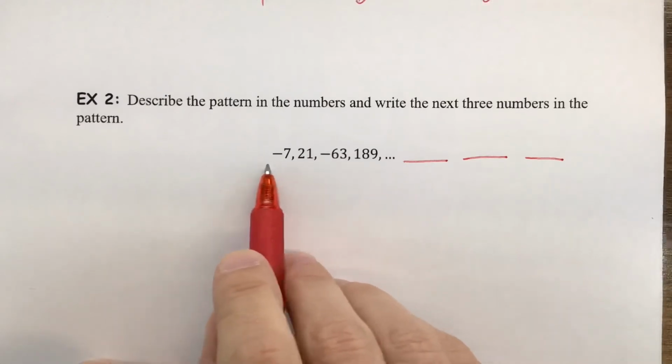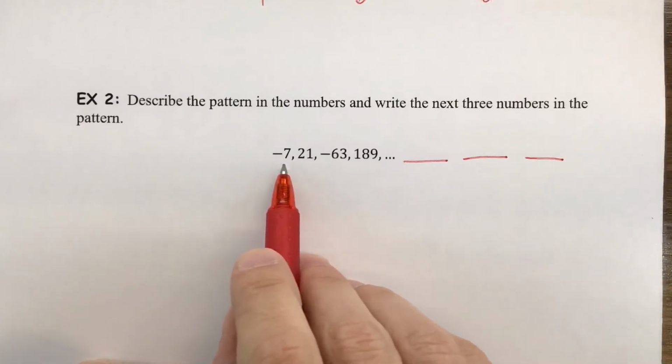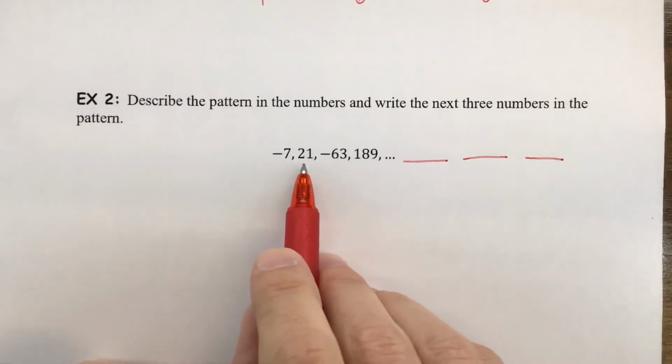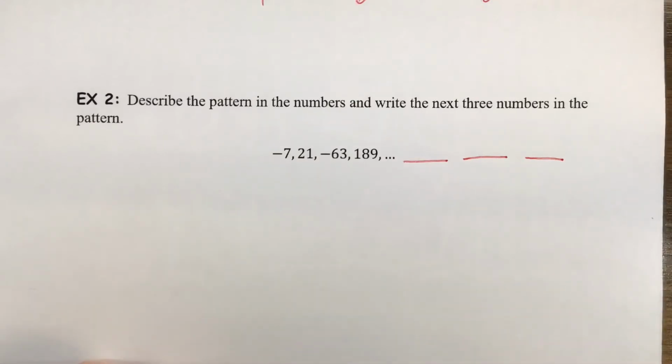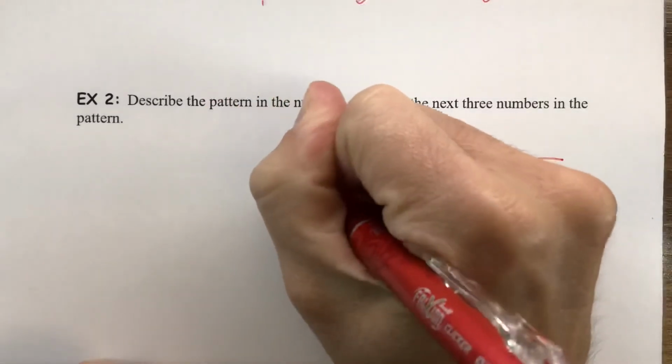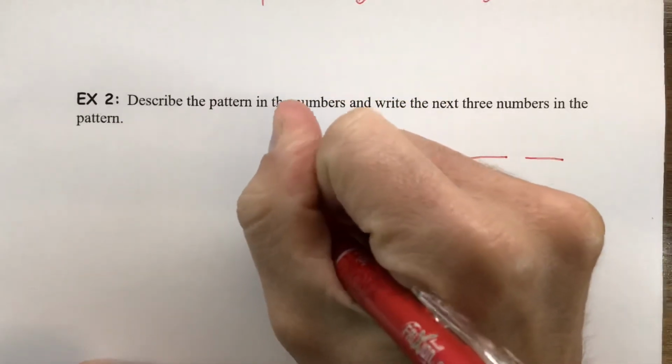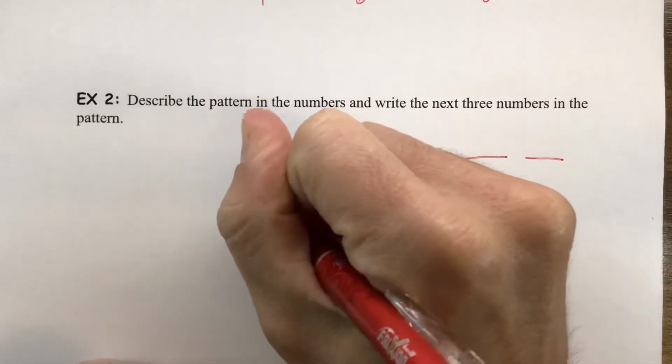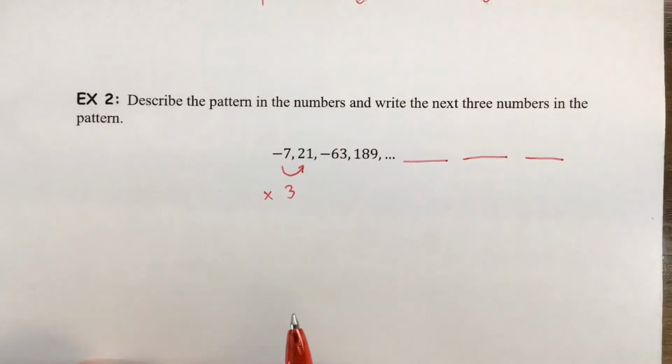But between these two, one thing that we should pick up on here is that 21 has 2 factors in it, and those factors are 7 and 3. So we should be able to notice that if we go from 7 to 21, we can multiply by 3. Okay.